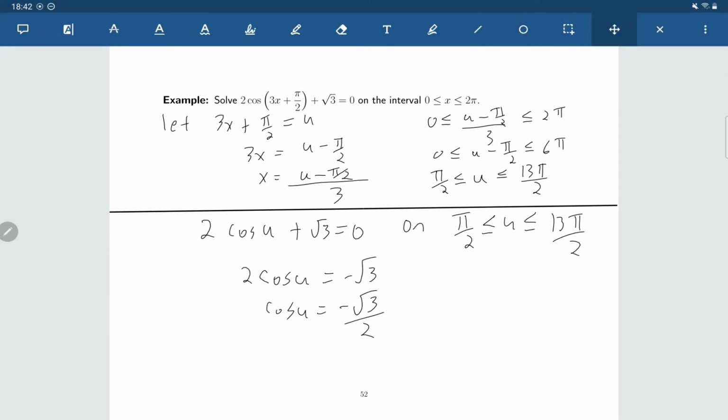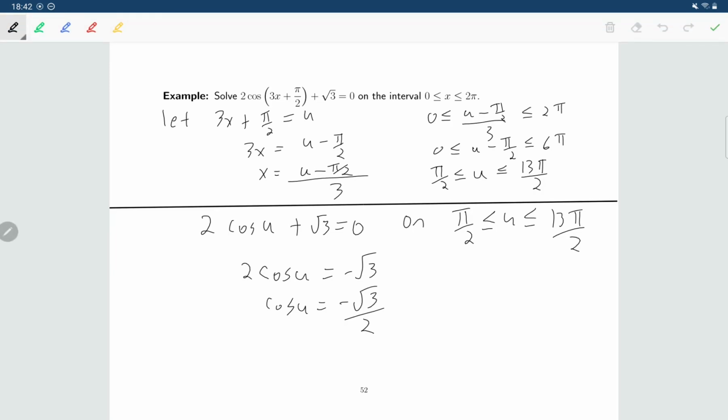And so now all I need to do is think about solving for u. And then once I find what u is, I'll need to go back and figure out what x is. So let's start with this. We're looking for cosine of u to be negative root 3 over 2.